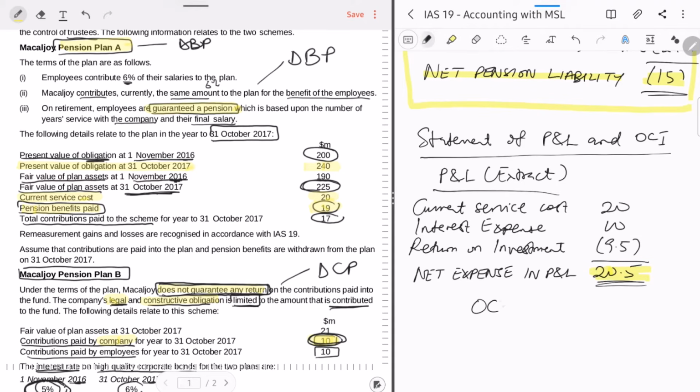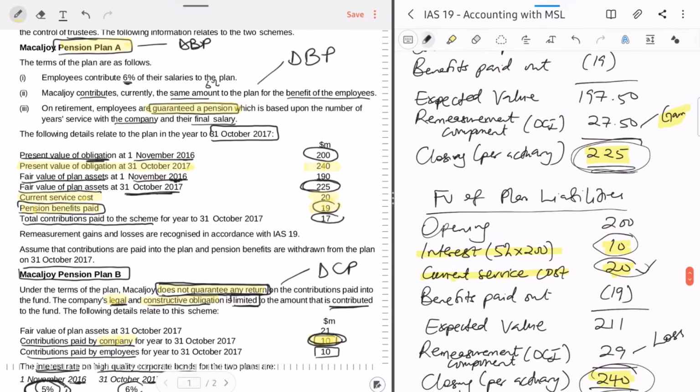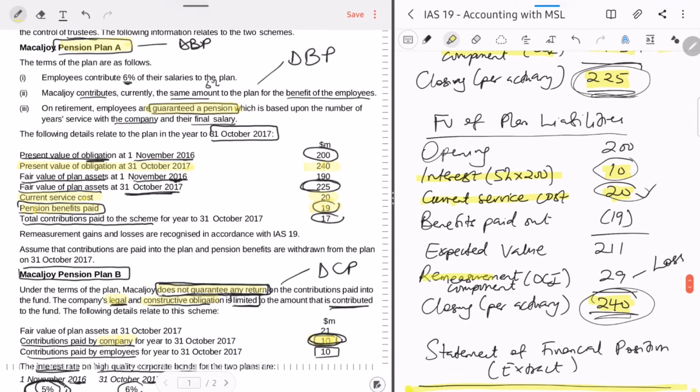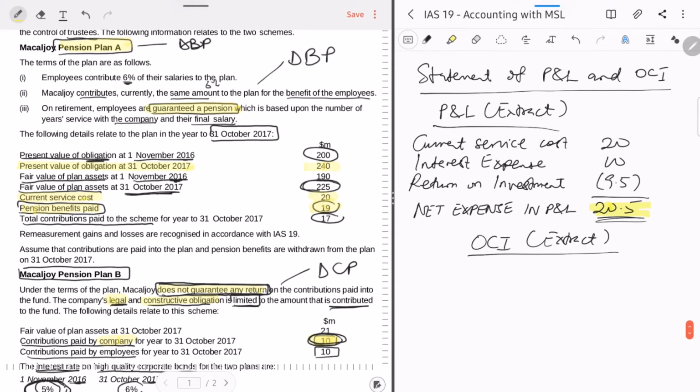Then what goes to other comprehensive income? So OCI extract. Remember, OCI only takes the remeasurement component, right? So we need to go and pick the remeasurement component for the asset. Remember, we said the asset had a gain of 27. The liability remeasurement component had a loss of 29. So it's the net of the two, but let's show them separately and net them off.